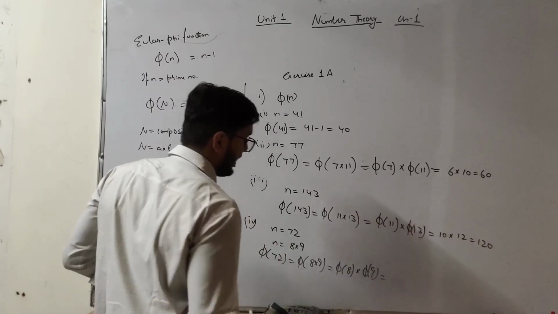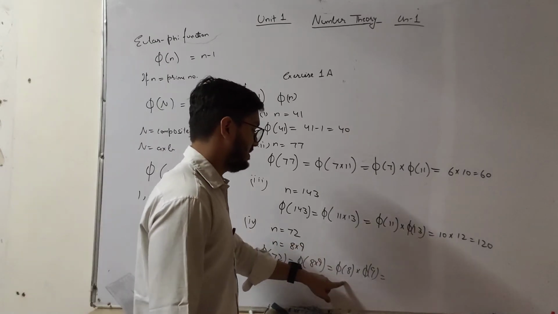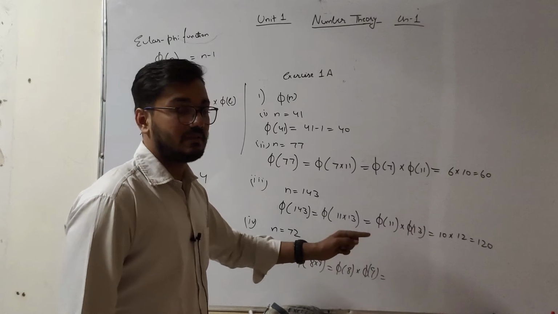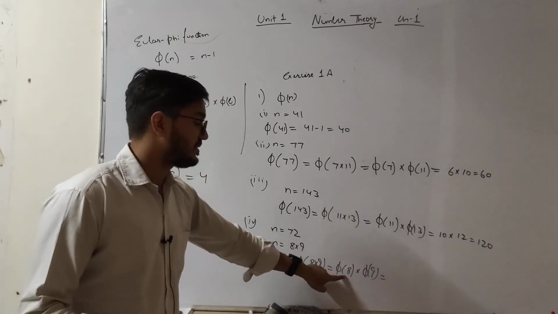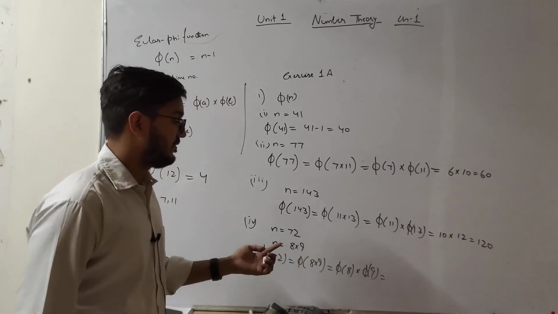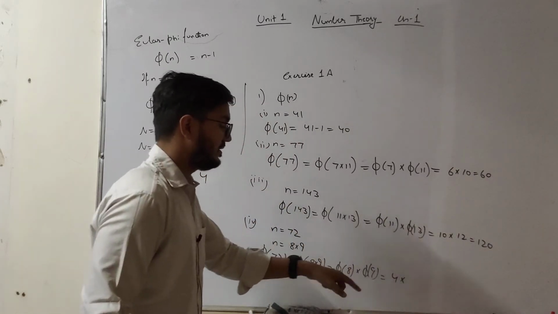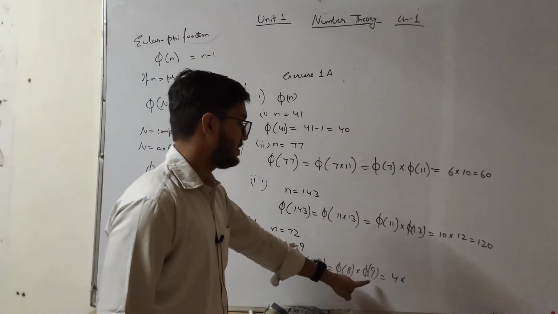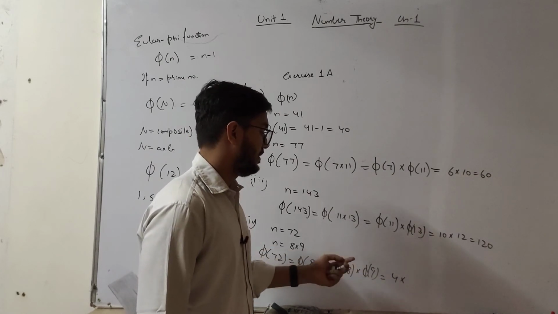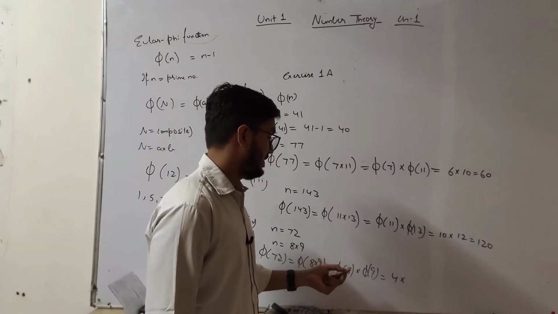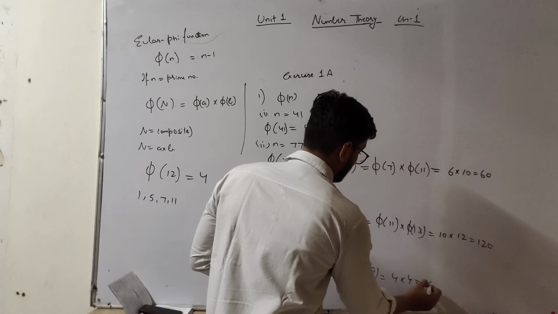Now phi 8: how many digits are co-prime to it? 1, 3, 5 and 7, so 4 digits. And for 9, how many co-prime digits do we have?